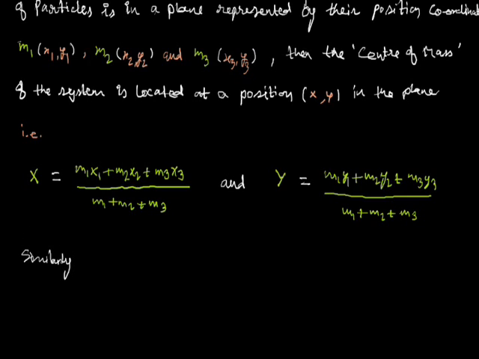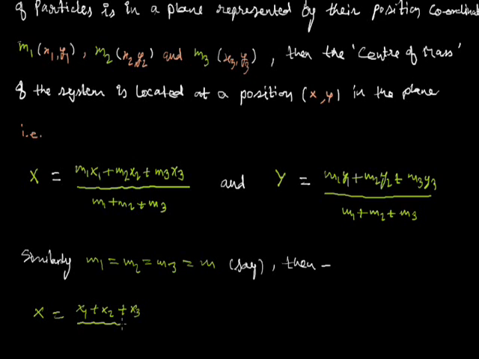If the masses of all the particles are the same, say m, then x will be equal to x1 plus x2 plus x3 divided by 3, and y equals y1 plus y2 plus y3 divided by 3.